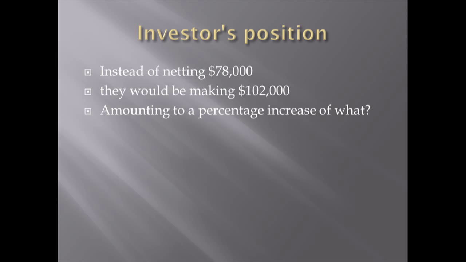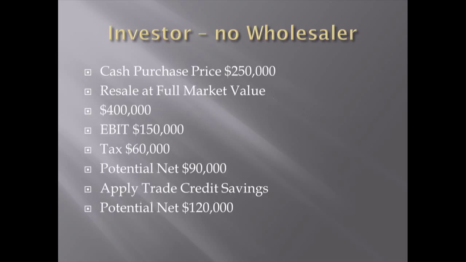What is the improvement as a percentage in their after-tax position? They've got an extra 24 grand divided by 78 grand gives an improvement of 30.7%. They too can get a 30% increase in their after-tax return.